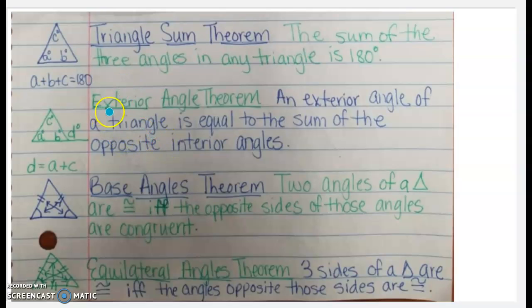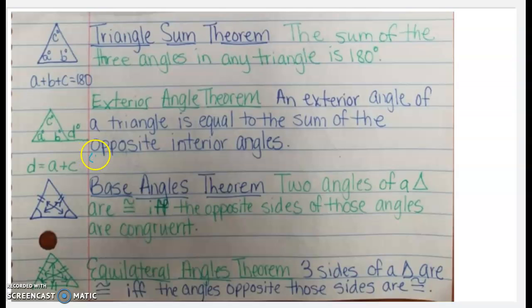Then we have the exterior angle theorem. An exterior angle, that would be angle D here, of a triangle is equal to the sum of the two opposite interior angles. They're also called remote interior angles.